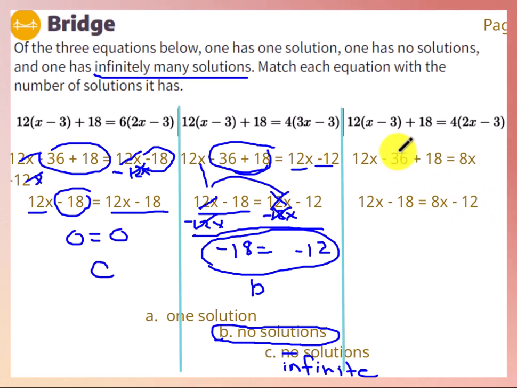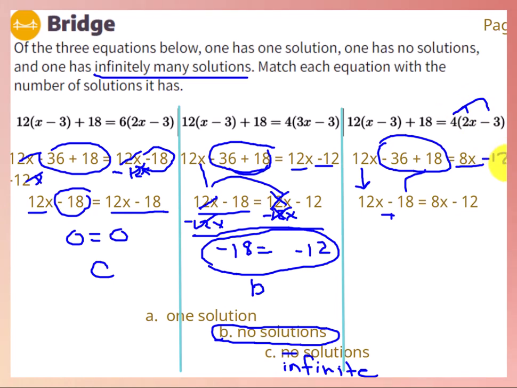Alright, same steps. Combine negative 36 plus 18 to get negative 18. Bring down the 12x. On the right-hand side we have 8x. Okay, so I'm going to add 18 to both sides. There's something missing here. 4 times 2 is 8, 4 times negative 3 is negative 12.